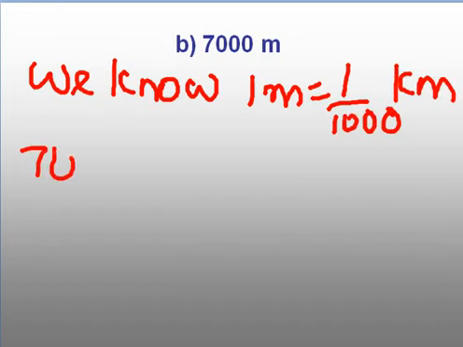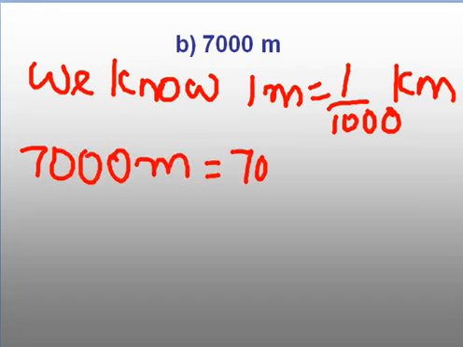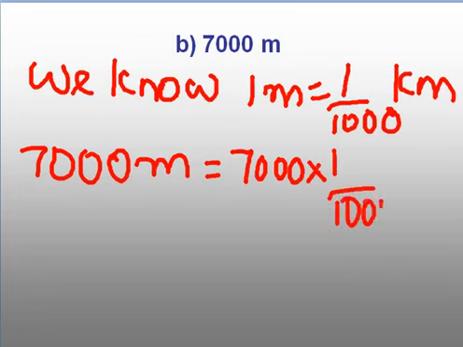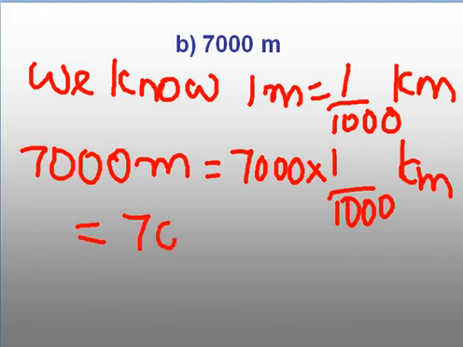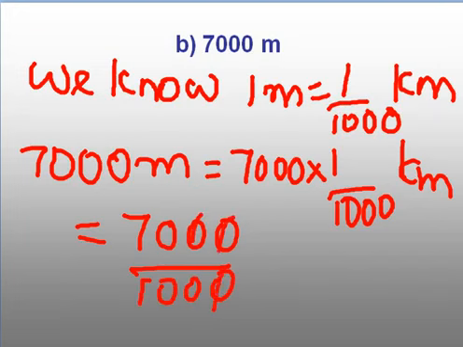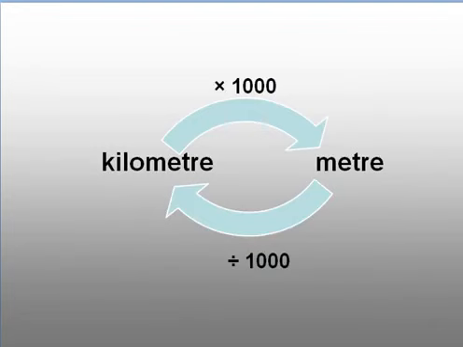So 7000 meter is equal to 7000 into 1 by 1000 kilometer, which will become 7000 into 1 is 7000 by 1000. Here you can either cut the zeros, or you know it, 1000 into 7 is 7000, so it is 7 kilometer. Okay, so you have to learn this.